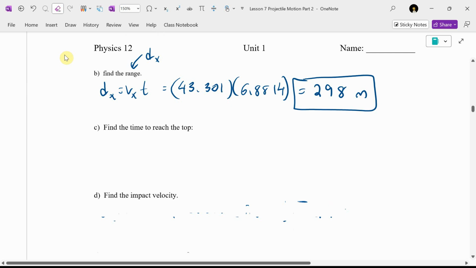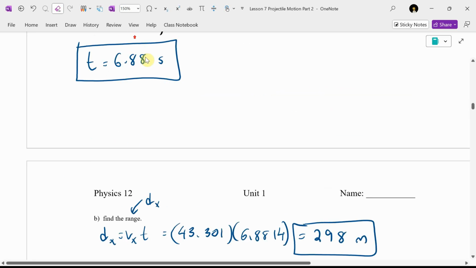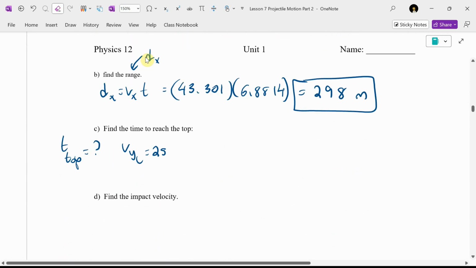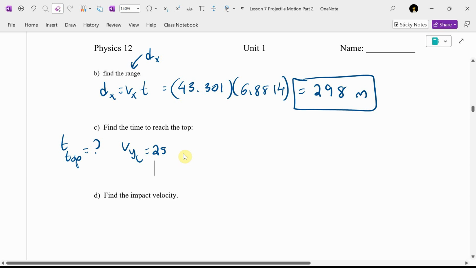Kai, what does C want me to find? Top. Do you think that means vertical or horizontal? The word top, so I'm going to think vertically. I'm going to say, okay, this wants me to find T top equals question mark. I can still say Vy initial is 25. Can I say dy is negative 60? Why can't I say dy is negative 60? At the top, will my displacement be 60 meters below from where I start?